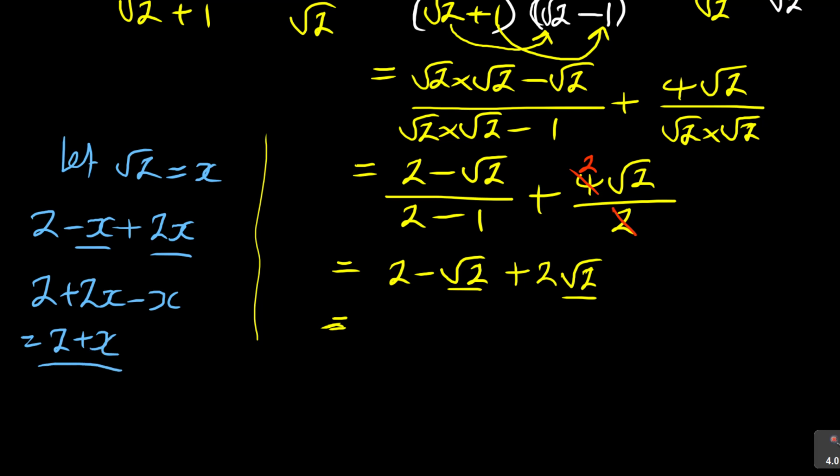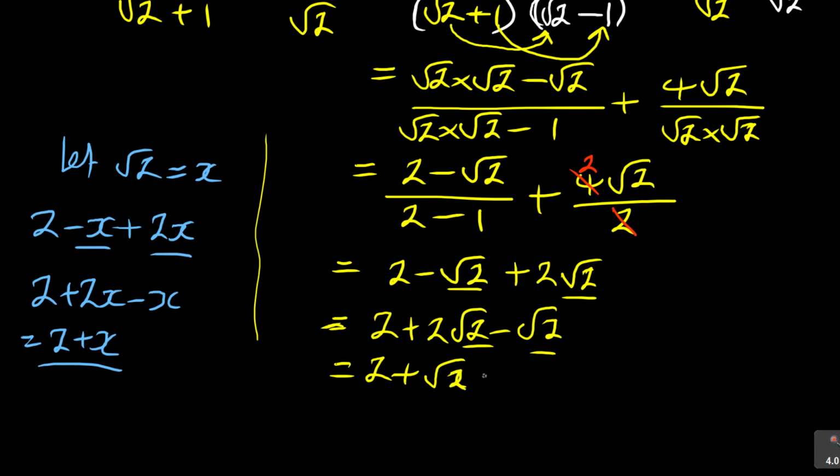Are you seeing that? So similarly, you have got 2 plus 2 square root of 2 minus square root of 2. If you want to make it even easier for you, you can say 2 plus, you factor out that, which is square root of 2 inside the bracket. You say that into that, you've got 2 left, that into that, you have got 1 left.